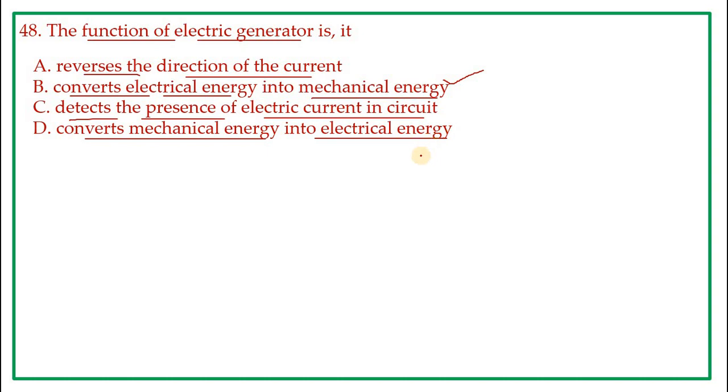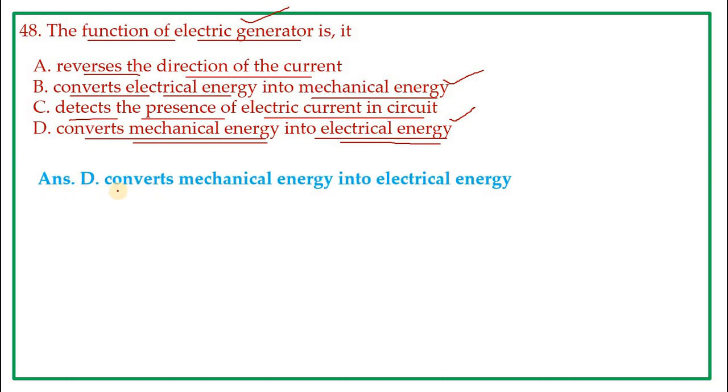Obviously, children, just use common sense. In our day-to-day life, why do we use generator? To get electric energy, means to get electricity, you are providing mechanical energy, and from that we get electric current. So option D is correct. Converts mechanical energy into electrical energy.